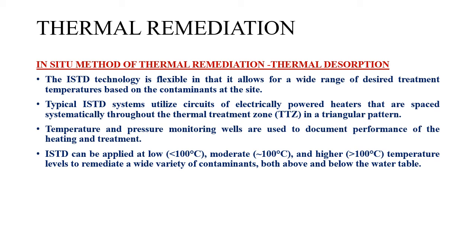That is why I said in the beginning that this heat treatment remediation technique can be either a one-stage process or a multi-stage process, depending upon how much contamination is left to be removed.